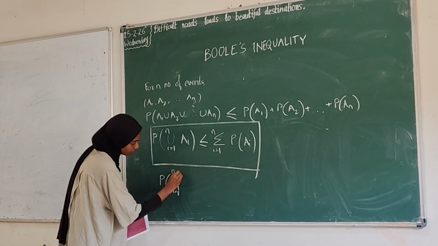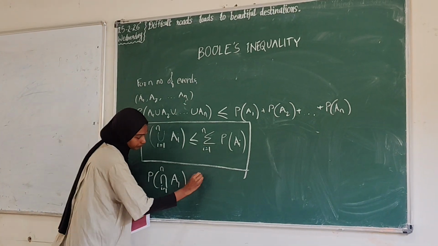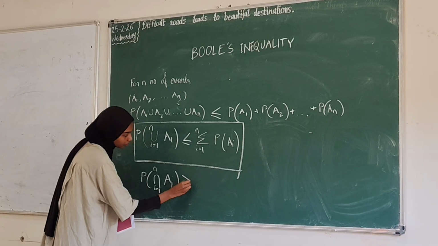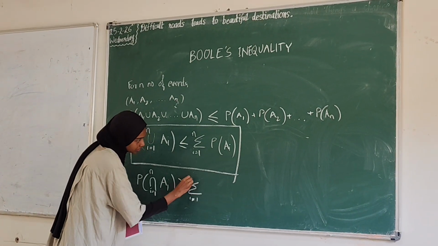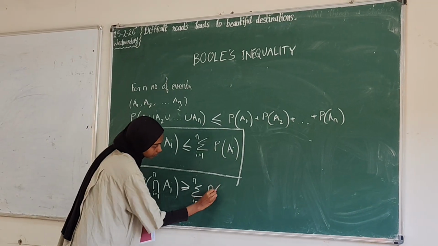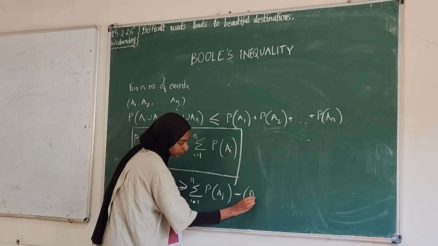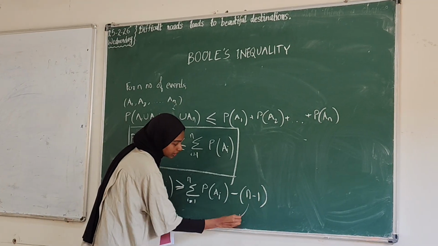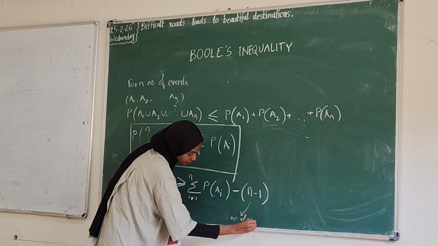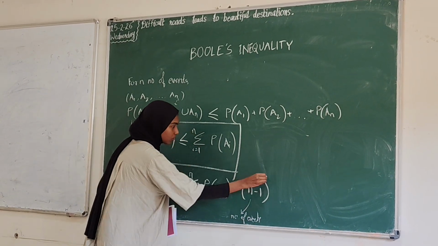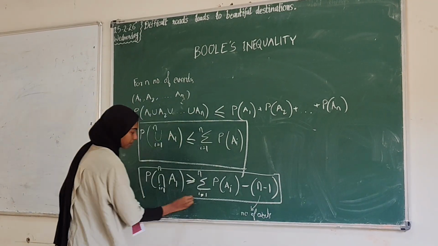The probability of the intersection for i equal to 1 to n of Ai is greater than or equal to the summation for i equal to 1 to n of P of Ai minus (n minus 1), where n stands for the number of events. So these are the two inequalities Boole introduced.